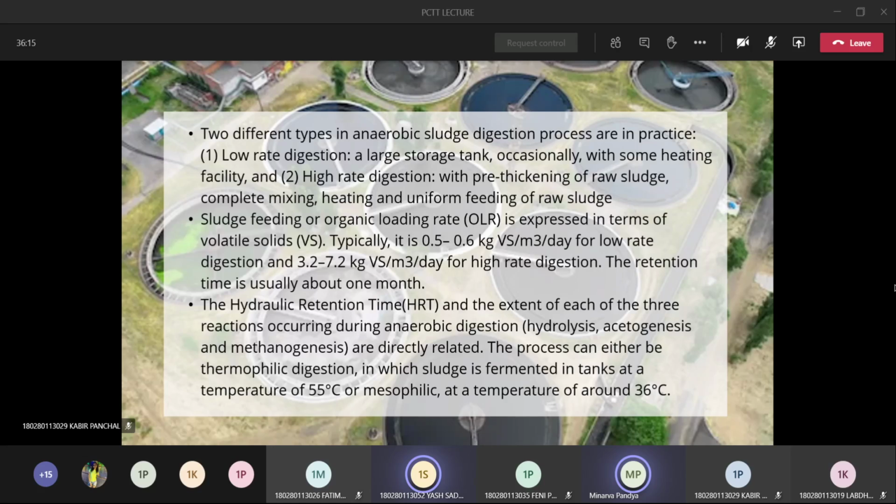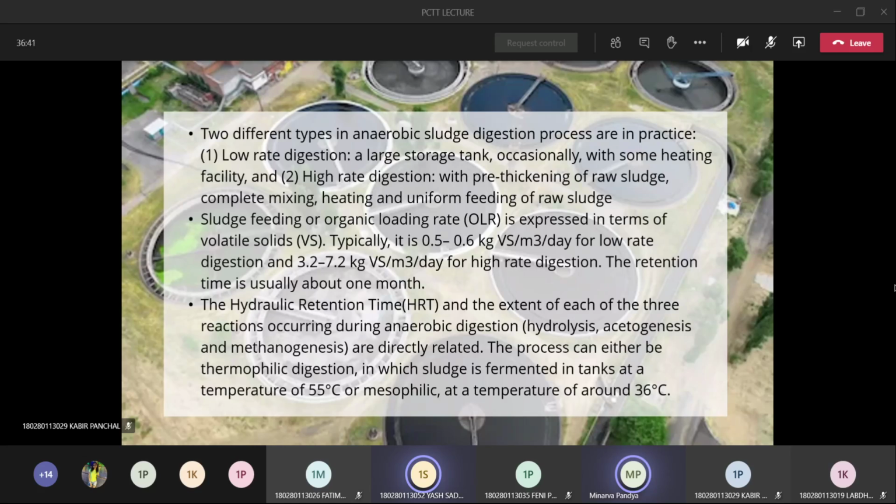Next. Basically, there are two types of anaerobic sludge digestion processes. They are low rate digestion and high rate digestion. In low rate digestion process, the feed enters the active zone in a large storage tank without reheating. Then heating is provided and all processes are done simultaneously without mixing of the sludge, which affects the efficiency and produces the digested sludge at low rate.